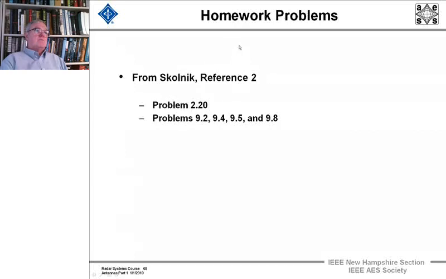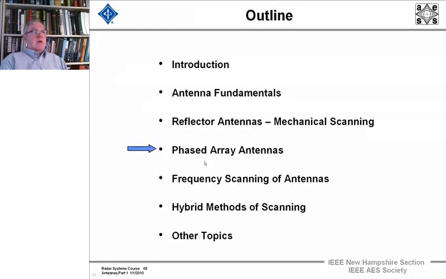Here are some homework problems on this lecture 1 on antennas, from some different sections in Maryland. Next, we're going to do phased array antennas, frequency scanning antennas, hybrid methods, and even other topics in the second half of the antenna section of the course.